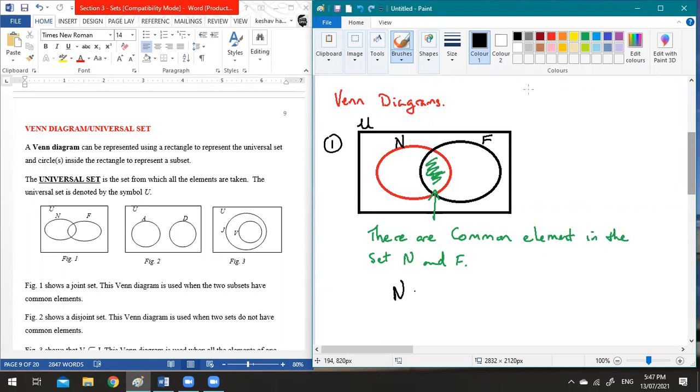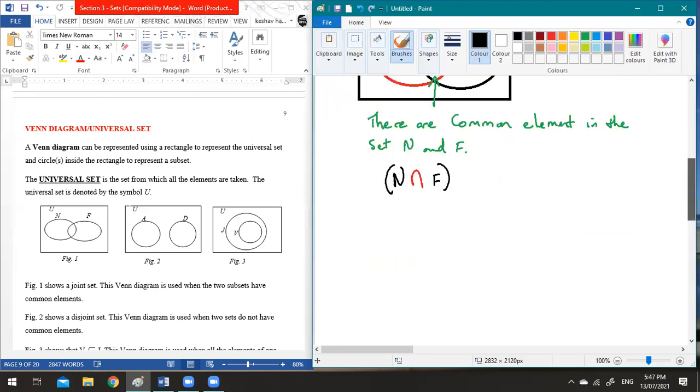The symbol for common elements, or intersection, is this upside down U, right? So the shaded area would represent this set, N intersect F.